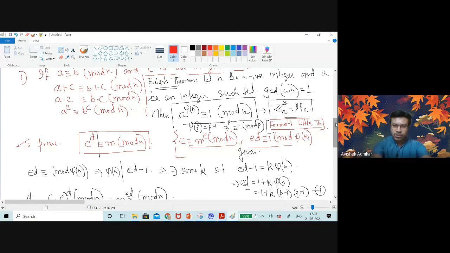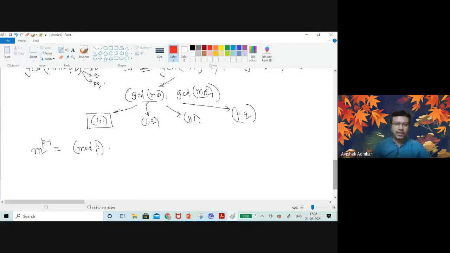So by using Fermat's little theorem, or Euler's theorem, you have that m to the power p minus 1 is 1 mod p. That implies that if you raise it to the power k into q minus 1, just now we have seen that if you make a power of something, you can also make a power of something on the right side, but the right side was 1, so again it is 1 mod p. And what is this value? This is m to the power k into p minus 1 into q minus 1, which is congruent to 1 mod p.